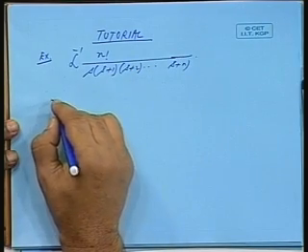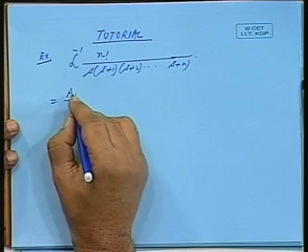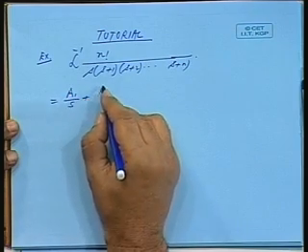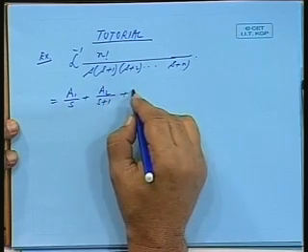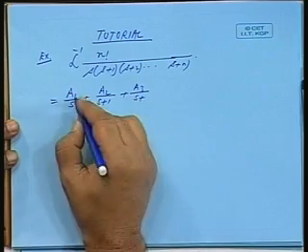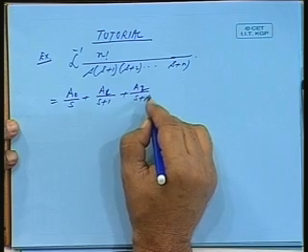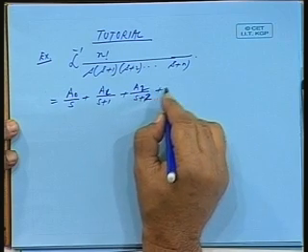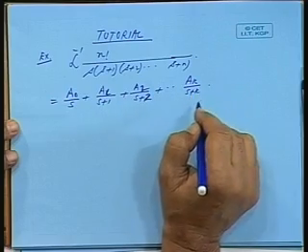So, the easiest method is to find out the partial fractions. I will write a0 by s, a1 by s plus 1, a2 by s plus 2 and so on, ak by s plus k general term.